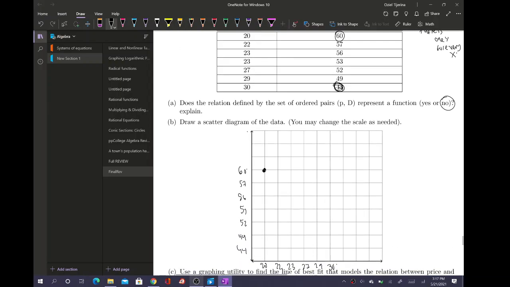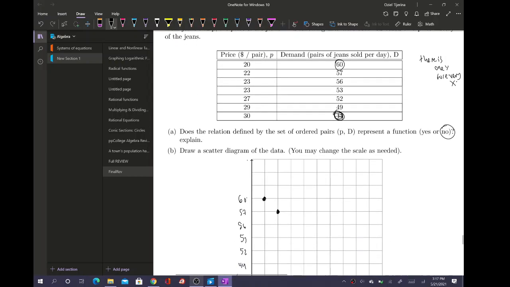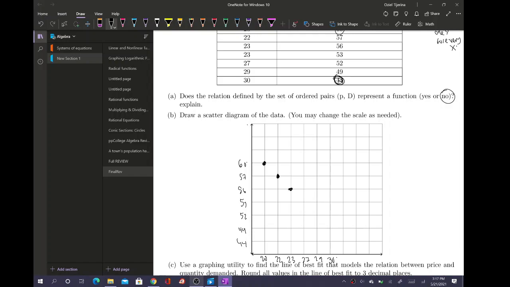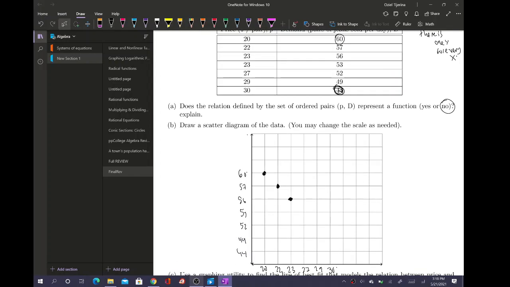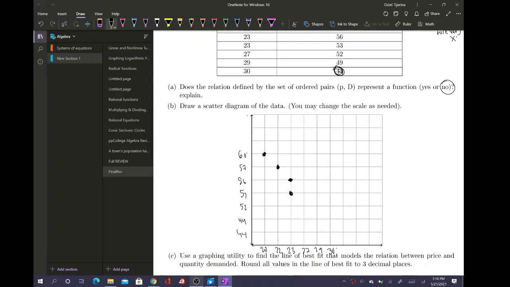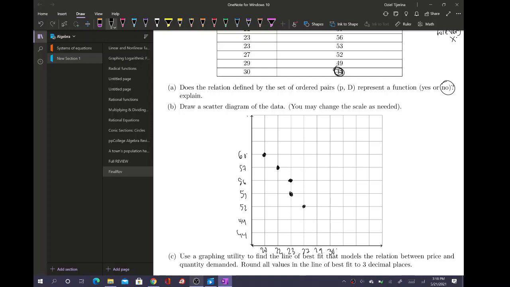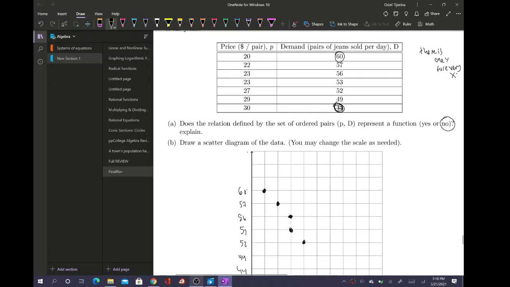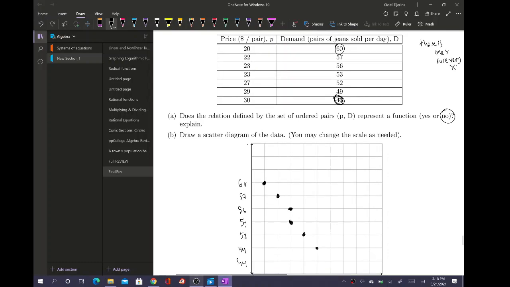So 20, 60, and then it's 22, 57 right here, and then that's 23, 56, and 53, and then there's 27 and 52, and then 29 and 49, and then 30 and 44.